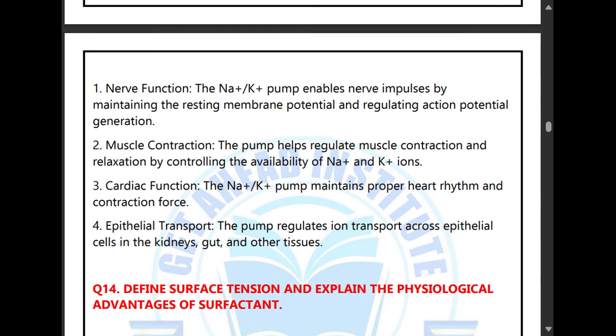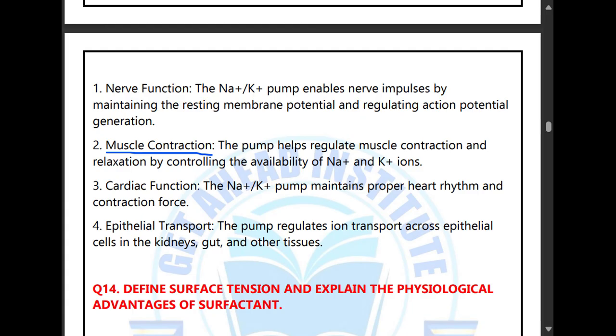By maintaining the resting membrane potential and regulating action potential generation. Then physiologically it is also important in muscle contraction, because this pump helps regulate muscle contraction and relaxation by controlling the availability of sodium and potassium ions.